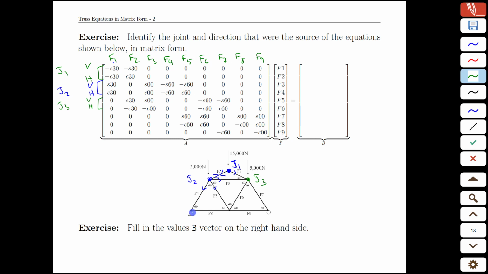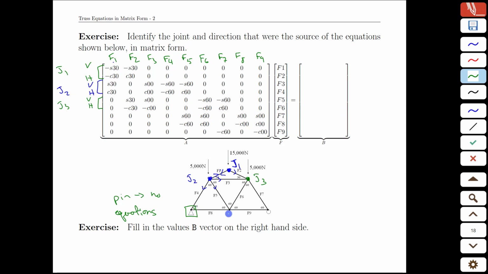Then the temptation would be go to this joint down here, but remember that if a joint is pinned, then whatever unbalanced forces there are from the beams, they're automatically balanced by the pin itself. And the surprising result of that is that there's no equations of balance at the pin because there's no balance required. These forces can be anything down here, and the pin will take up the slack.